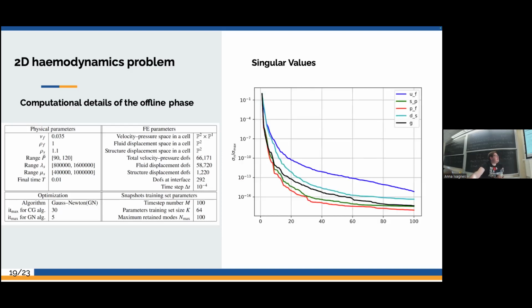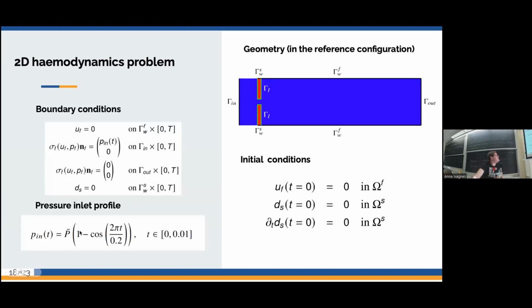Then we choose a number of POD modes to generate the reduced basis spaces by using the decay of the singular values. The parameters are the Lamé coefficient, time, and also the pressure which enters here. So we consider both the fluid domain, the structure domain, and time. Basically, we try to mix everything in order to see how it works.